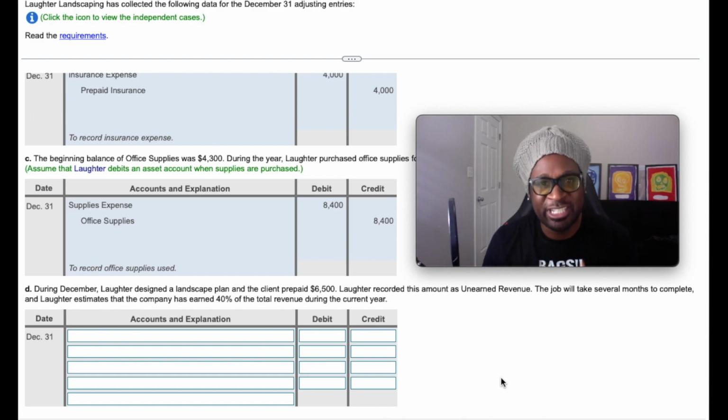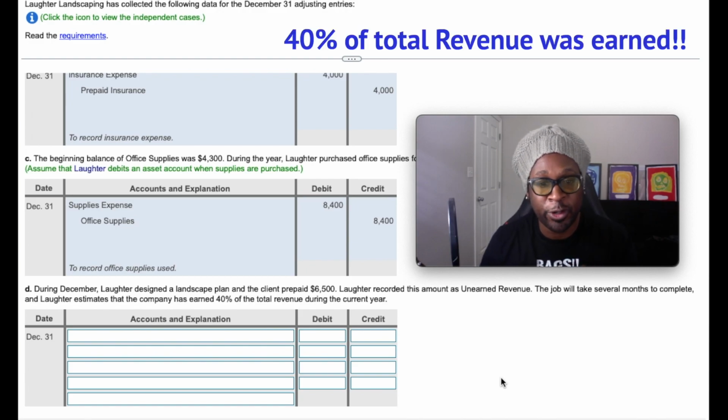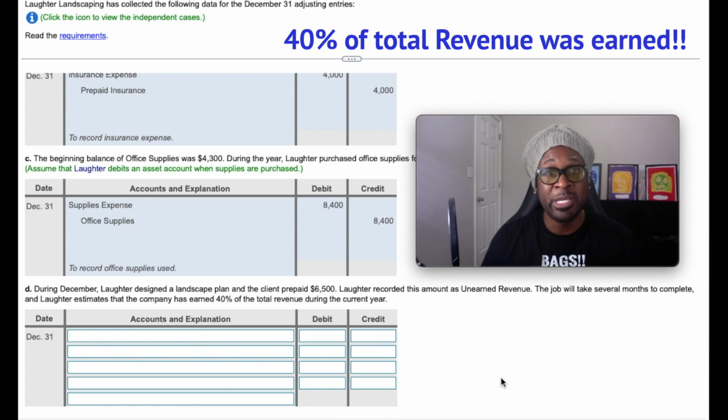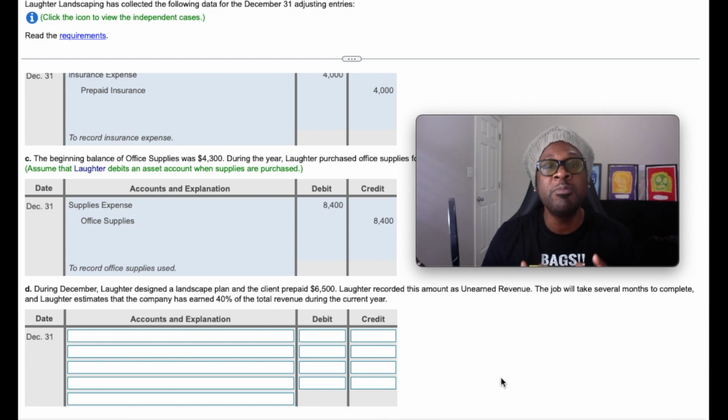So, to adjust this particular transaction, we understand that based on the estimates, 40% of the revenue has been earned this year, meaning that we no longer owe the initial amount of the liability. Therefore, we must reduce our liability amount, our unearned amount, by 40% while simultaneously recording the revenue earned by 40%.